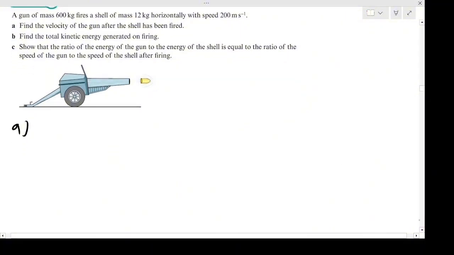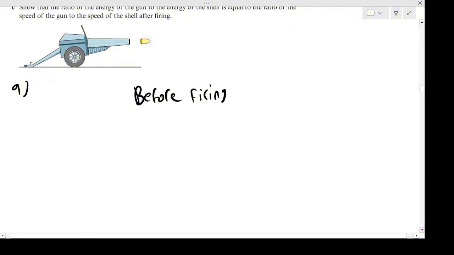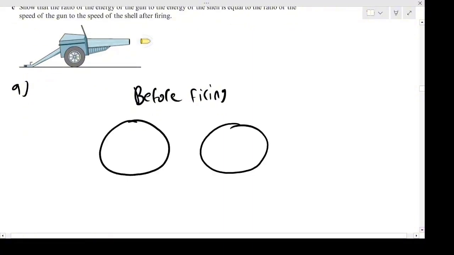So what we're going to consider is before the firing and after the firing. So before the firing, again, I'm going to draw the same sort of diagram, 2 little circles. Obviously not accurate at all to what the gun or the bullet looks like, but these are my so-called particles. So I'm going to call this my gun, and then this is my bullet.